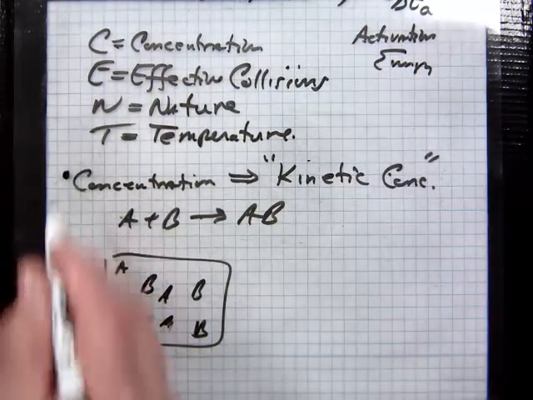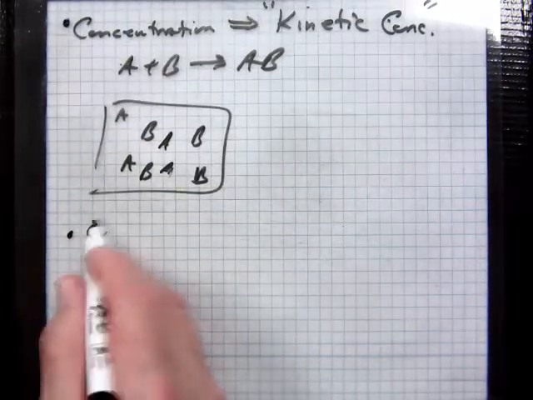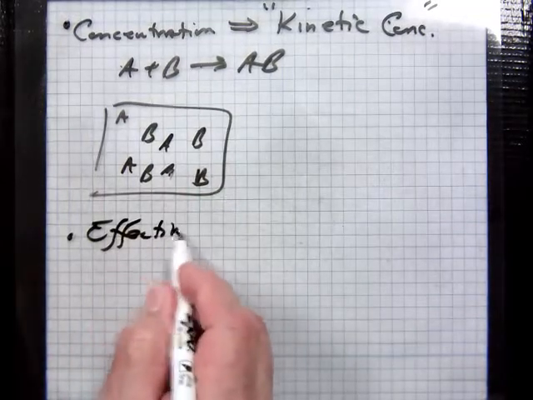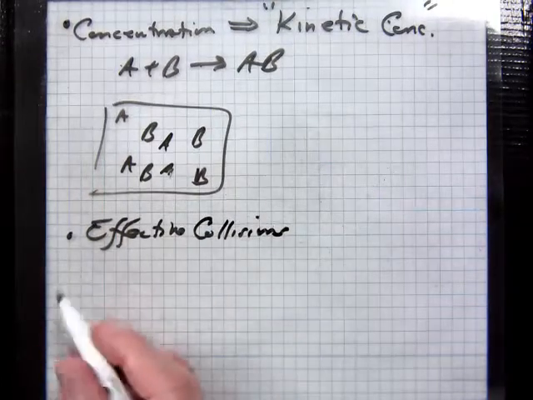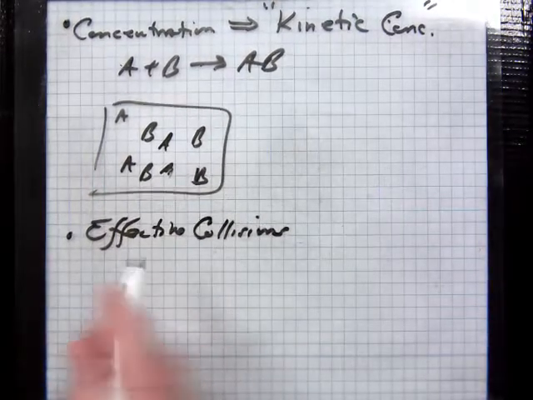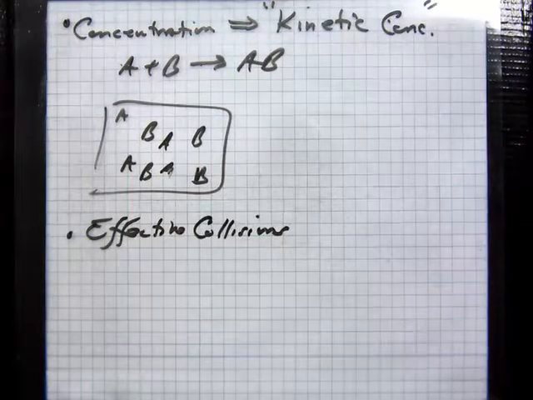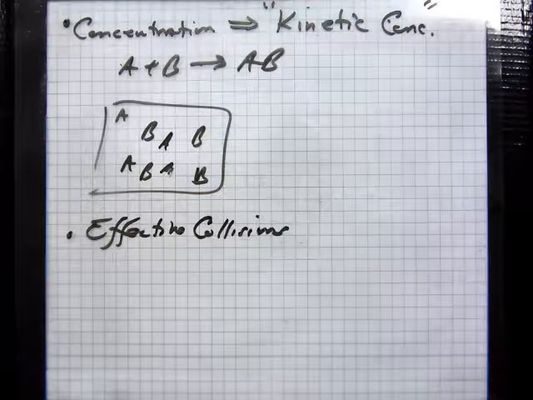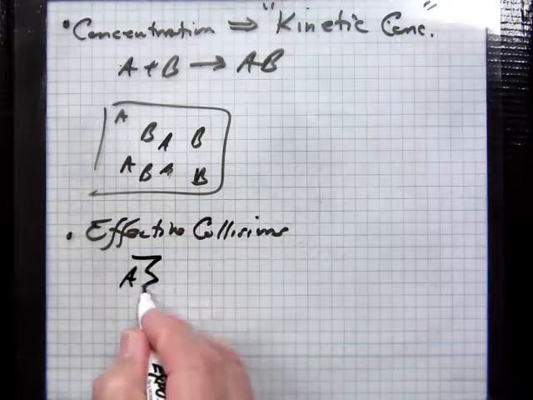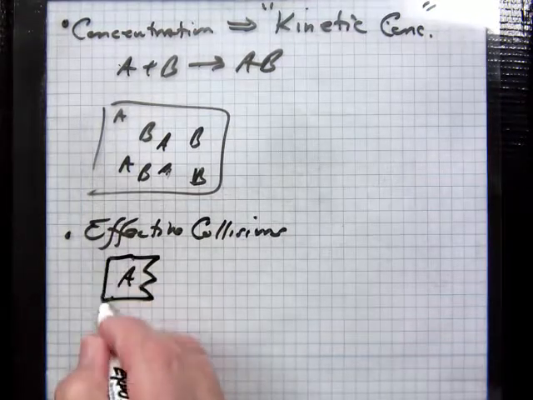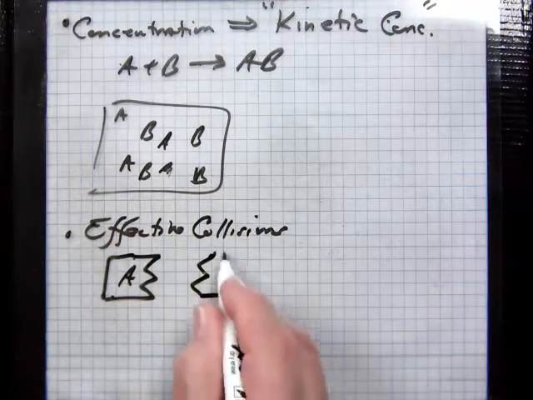The second issue here is effective collisions. Particle A has to fit with particle B. Now, in one context, if I have A, it looks like this, and B, that's like this.